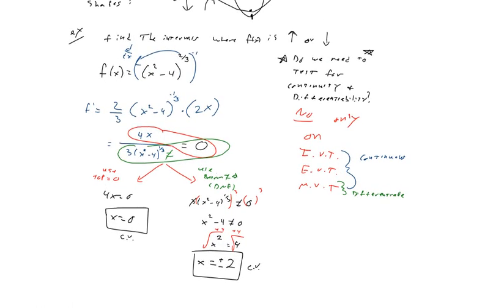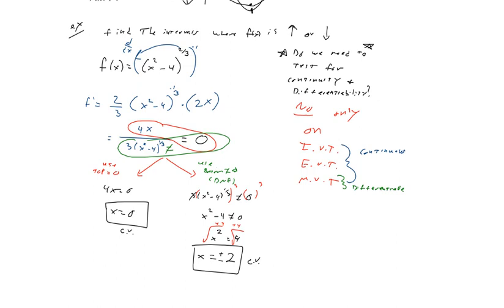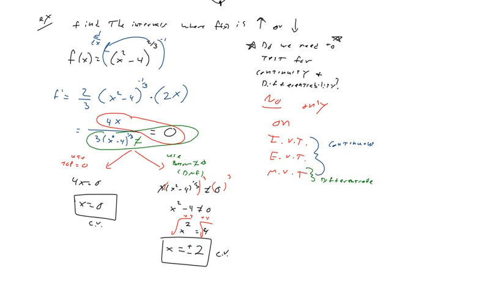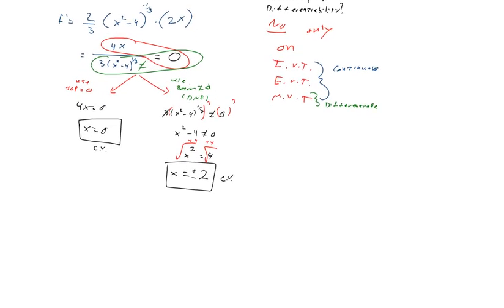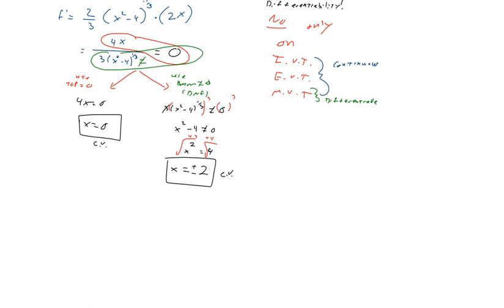Okay, so we found our critical values. Let's create our chunks, plug into my first derivative. So create our chart. I've got 0, negative 2, and positive 2.